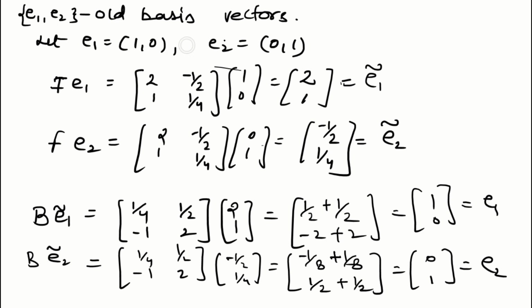When you multiply the old basis vector with F, you are getting the new basis vector, and when you multiply the new basis vector with B, it gives the old basis vector. That means the matrix of forward transformation F transforms old basis vectors to new, and the backward transformation matrix gives you the old basis vectors by using the new basis vectors.